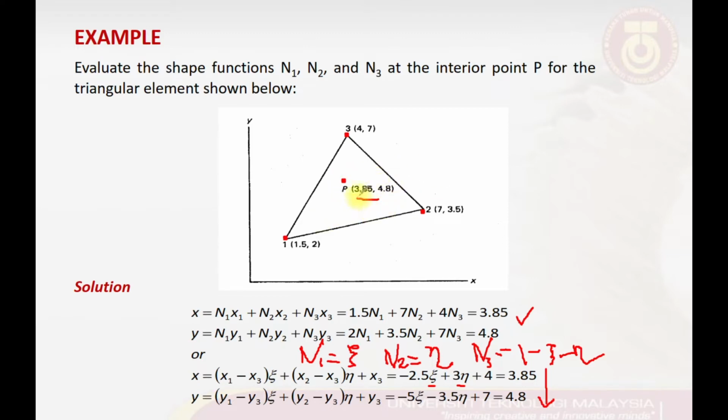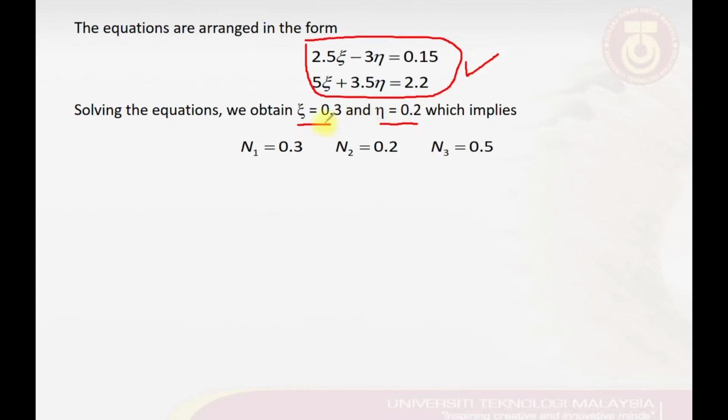So if, for example, I have point Q, which is located somewhere there, where its xy coordinate is now different to the one that I have there, then maybe the z and eta will be different from the ones that we have for point P. So again, we substitute this z and eta into n1, n2, and n3, which gives us these three values for the shape functions.